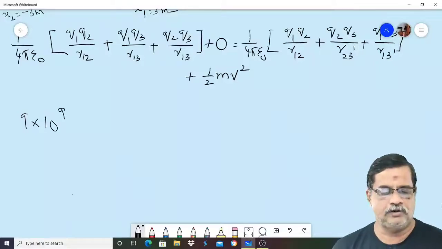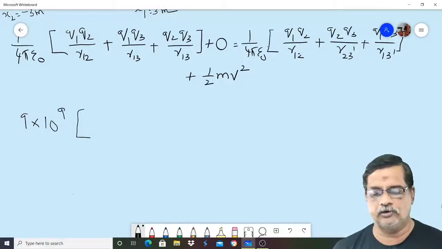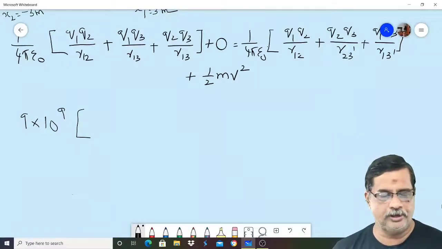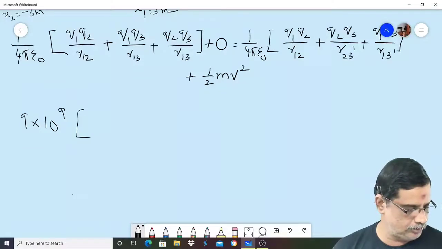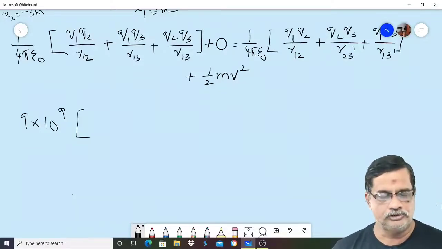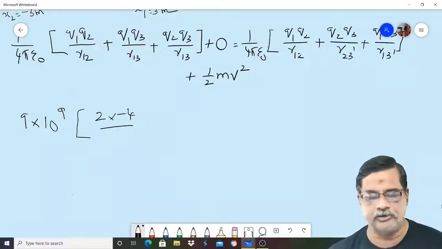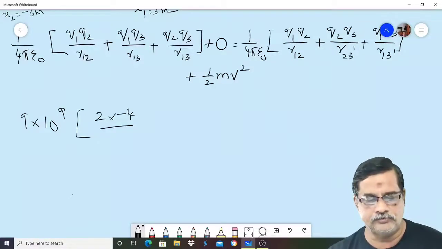The term 1 by 4 pi epsilon 0 q1 q2 by r12 is the same on either side of the equation, so that term gets cancelled. So this will be q1 q3 by r13. How much are q1 and q3? 2 and minus 4. So this is equal to 2 into minus 4 divided by r13, and r13, according to the diagram, is 5.